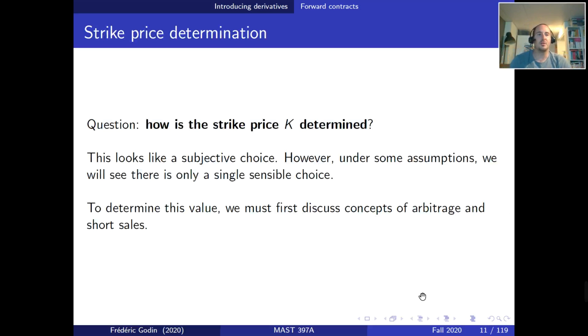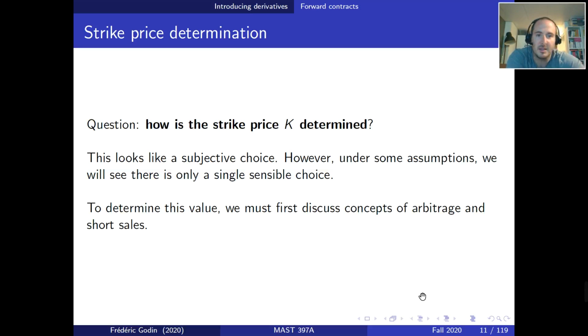So one question we might ask ourselves is, how is the strike price determined in practice for a forward contract? When there are two institutions which agree to sign a forward contract, how do they decide on K? So this looks like a subjective choice. Okay, you might think that K depends on expectations for the price of the underlying asset in the future.